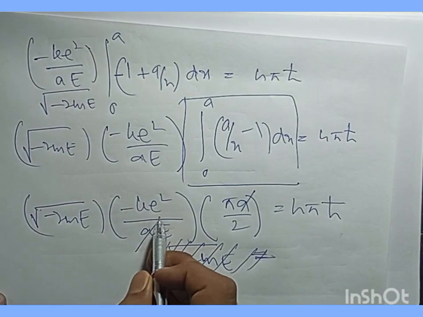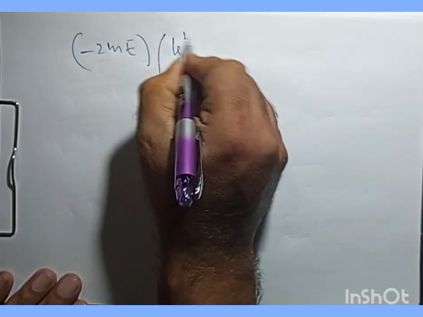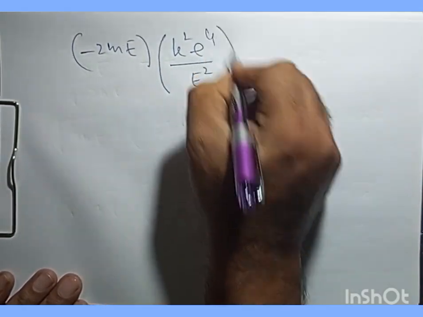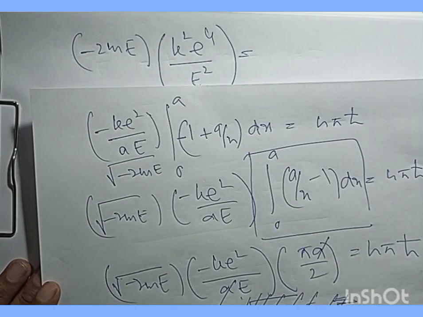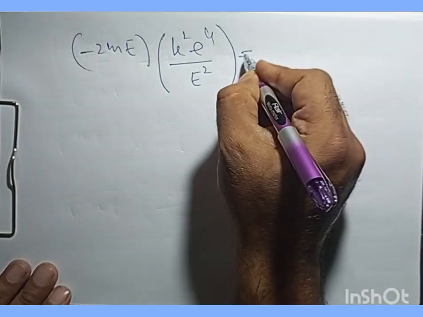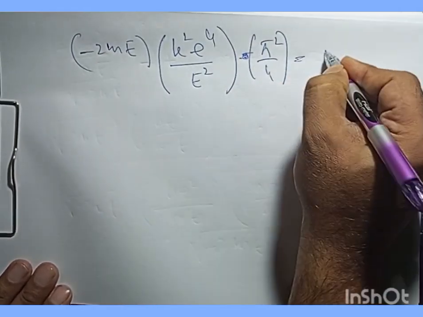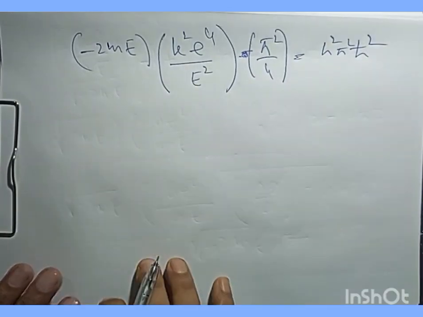This will be k square e to the power of 4 by e square, times pi square by 4, is equal to n square pi square h bar square.